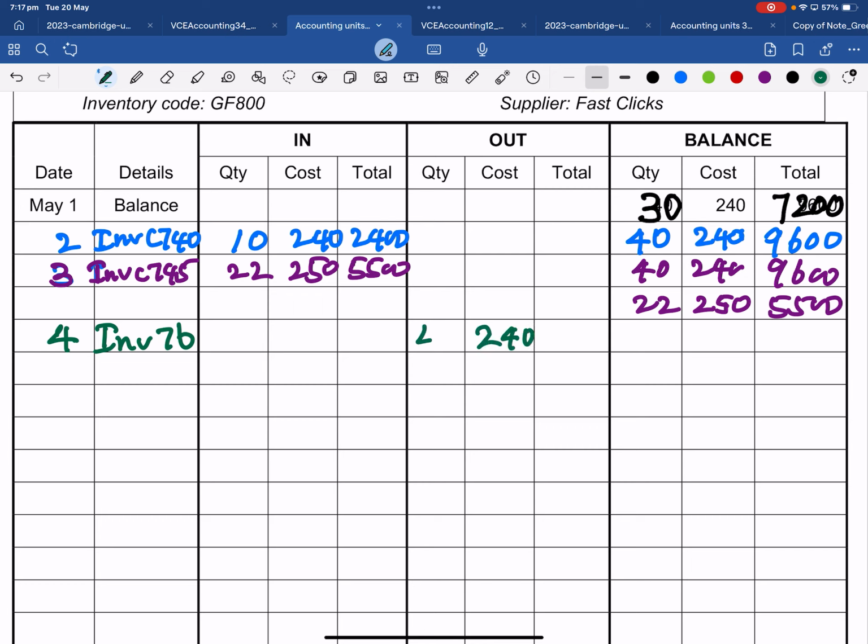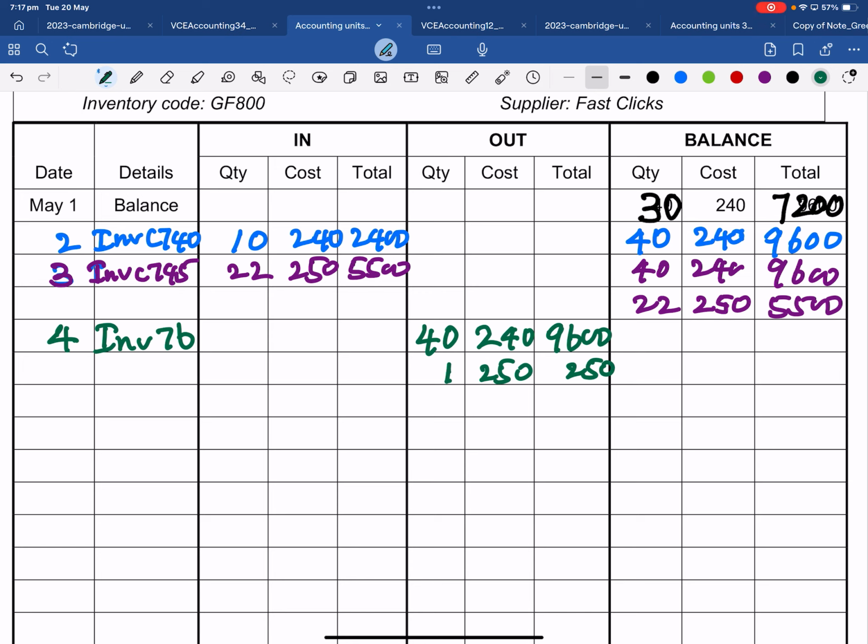We are issuing firstly 40 at 240, 9,600. The whole lot of 240 is gone. We still have to sell one, so that one we will sell at 250. Make sense, guys? What did we do? Remember our assumption?